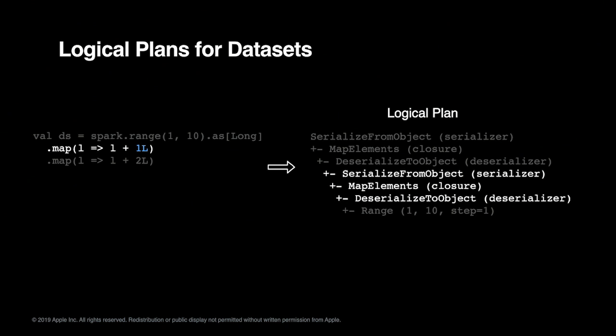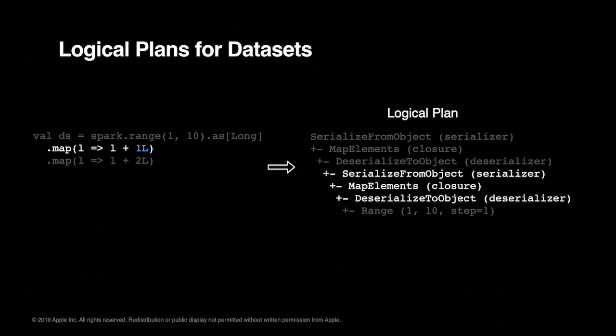First of all, you have deserializer, which converts data from the Spark internal format into JVM objects. Then you have map elements, which will basically invoke your closure. And finally, you have serialize from object, which will convert the result back into the Spark format.